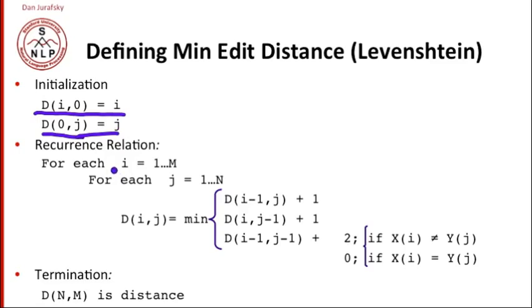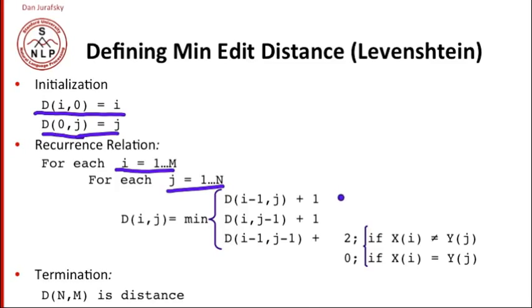Walking through string x and walking through string y, the distance in any particular cell of our matrix is going to be the minimum way of getting to that cell from 3 previous cells.